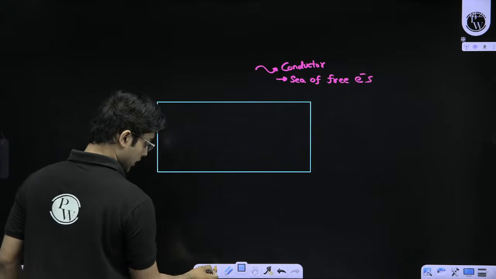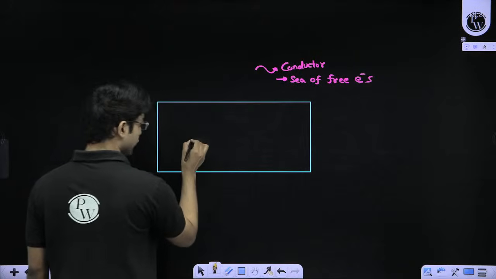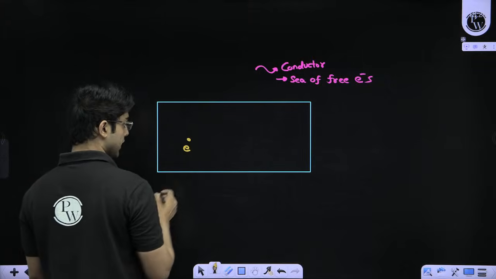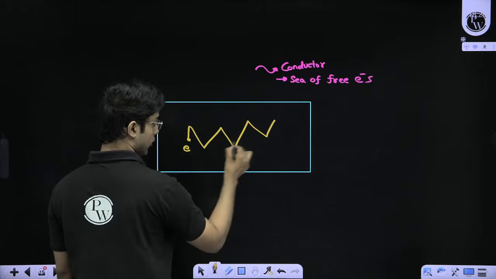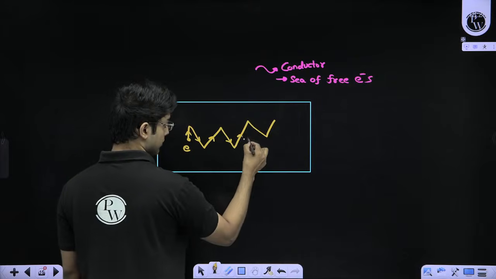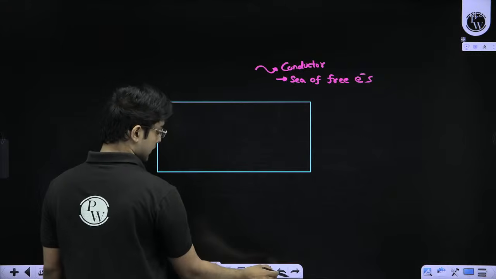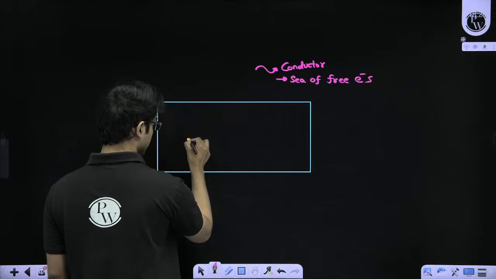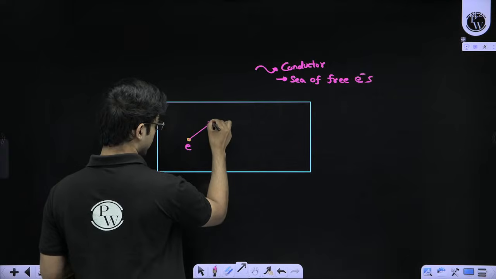If this is the inside of the conducting material and you simply track one of these free electrons, they move like how gas particles moved in thermodynamics, if you remember the theory from KTG. The gas particles were moving very randomly. So the electrons also move like that if there is no electric field present.